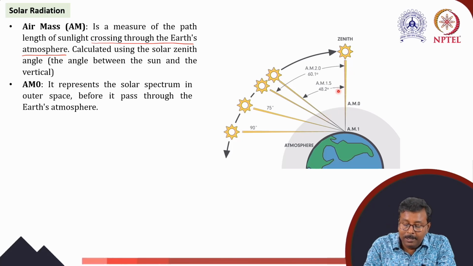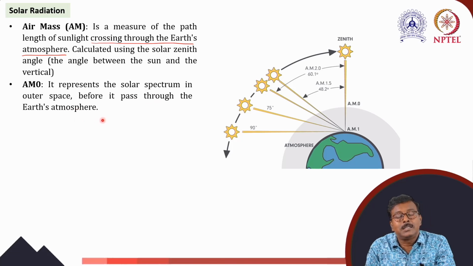So there are different standards. The AM0 standard represents the solar spectrum in outer space, before it passes through the Earth's atmosphere. In the Earth's atmosphere there is scattering and absorption of sunlight, so to account for these we have made some standards.